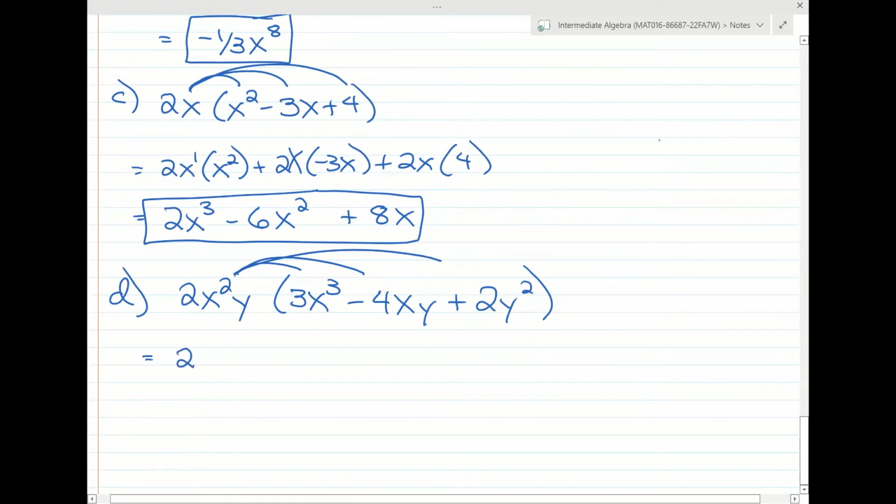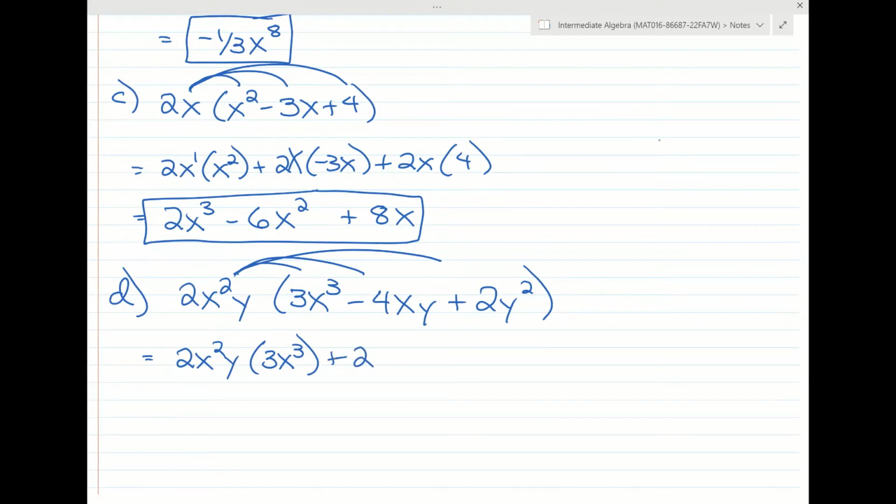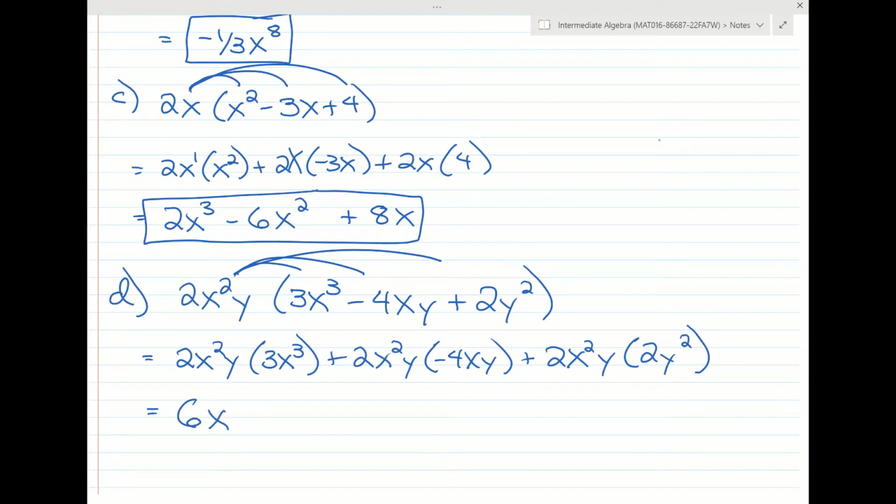And this is just going to be 2x squared y times 3x to the third plus 2x squared y times negative 4xy plus 2x squared y times 2y squared. Again, we could rearrange the numbers. When we're multiplying the same letters, what we do is we add their exponent. This is going to be 6x to the fifth y minus 8x to the third y squared plus 4x to the second y to the third. 1 plus 2 is 3.